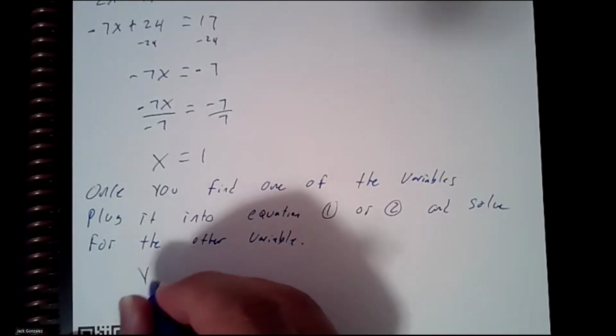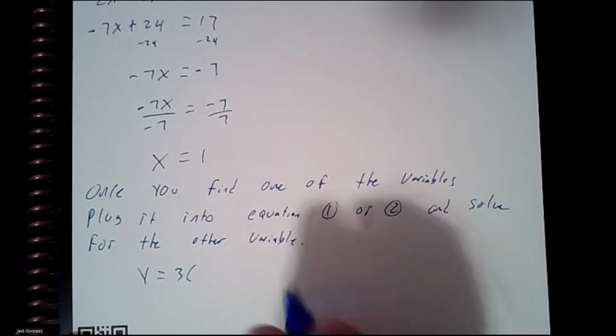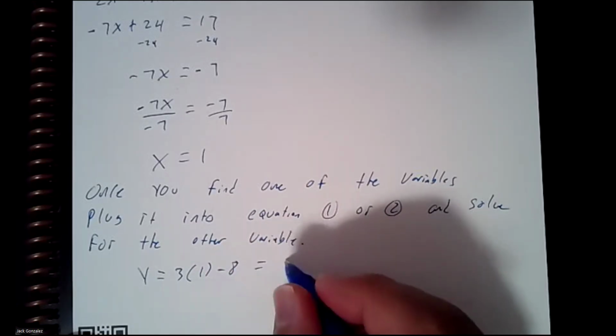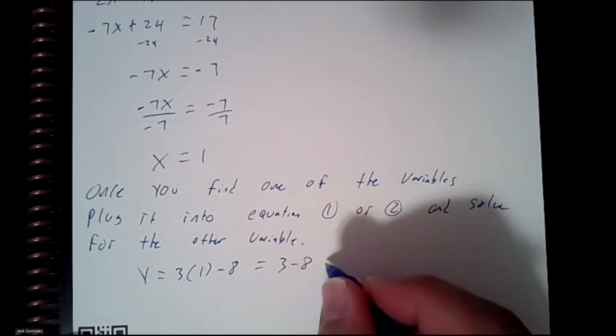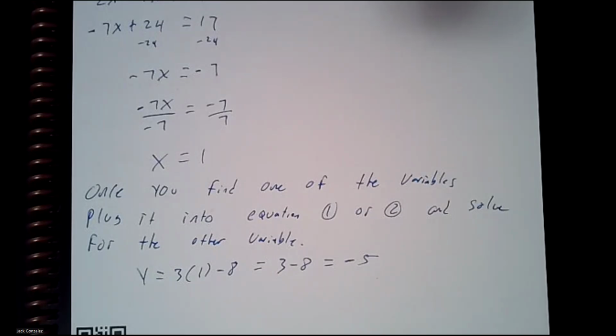So here we go. I'm using equation 2. 3 times 1 minus 8, that's going to be 3 minus 8, which is -5. So we have both coordinates now.